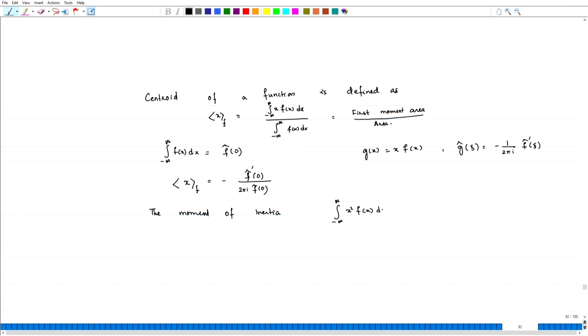This is going to be minus 1 by 4 pi square f hat double prime of 0, by our Fourier transform relationship.